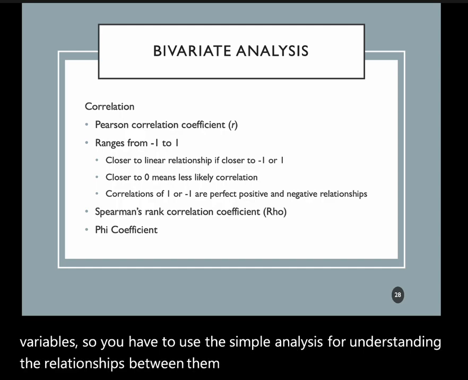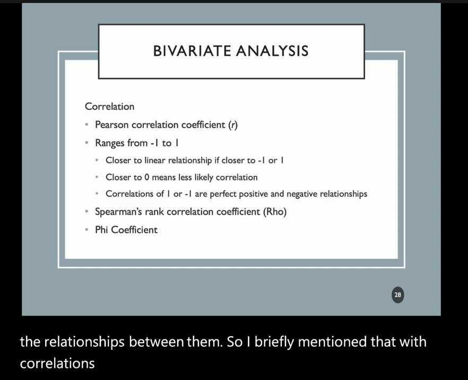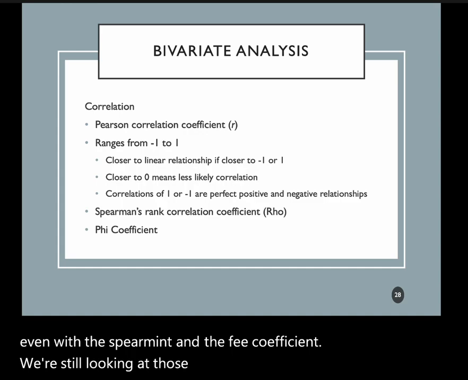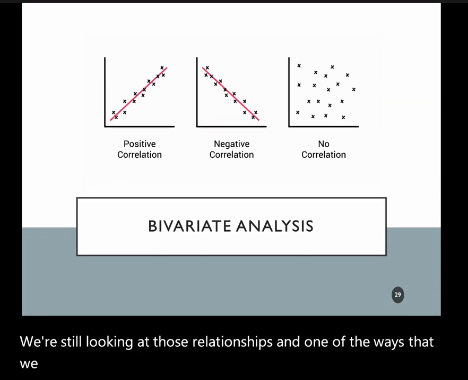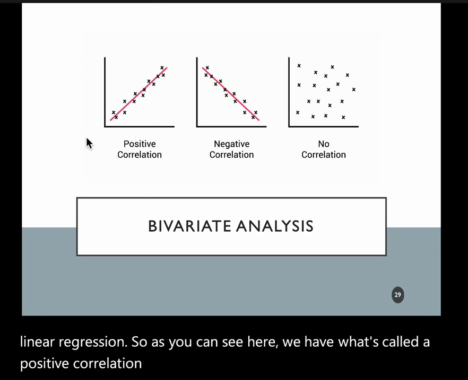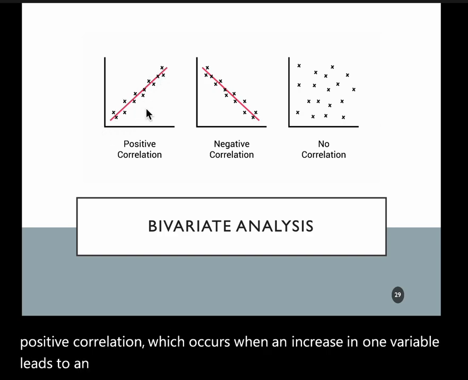So I briefly mentioned that with correlations, you're looking at the relationships of variables. And even with the Spearman and the phi coefficient, we're still looking at those relationships. One of the ways that we look at how they're displayed is through a correlation with a linear regression. As you can see here, we have what's called a positive correlation, which occurs when an increase in one variable leads to an increase in another variable.